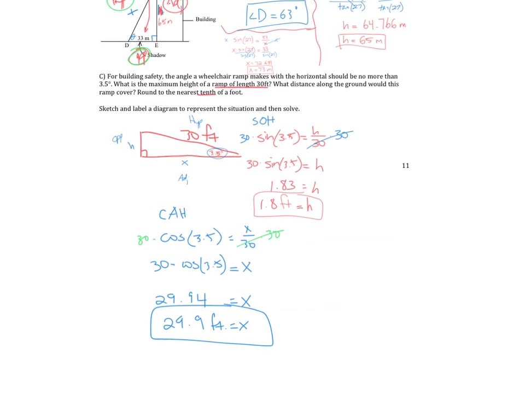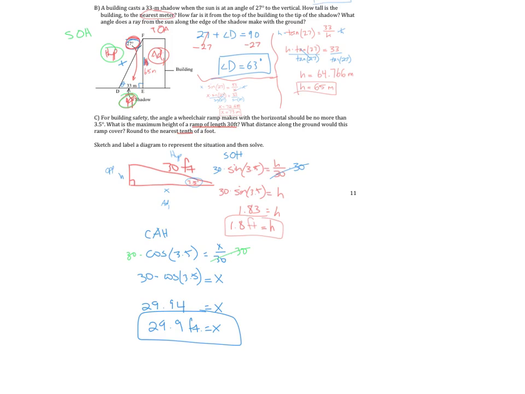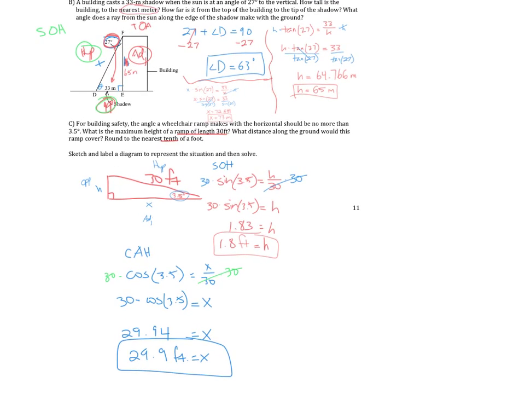So again, not too bad. It's just a matter of setting it up, making sure you can draw a diagram if it's not given to you, and label your sides in such a way that you know what you're working with. Okay, again, when it comes to trig, the biggest thing is once you find your reference point, label your opposite, adjacent, and hypotenuse. A lot of times that'll help let you see what you're supposed to be using.